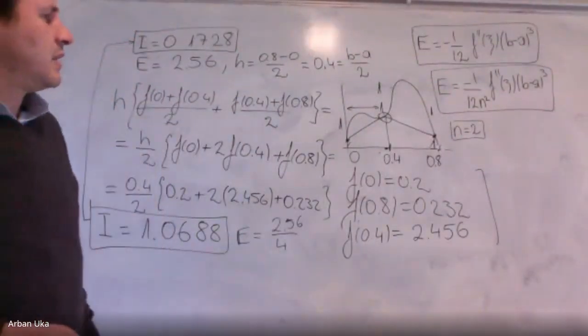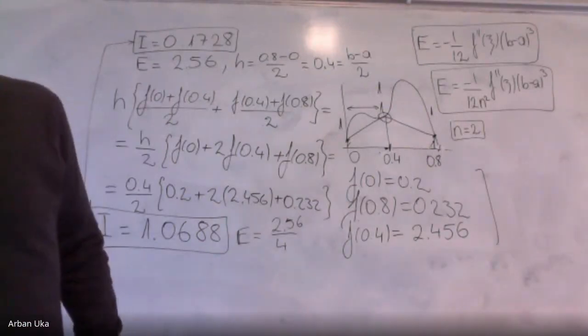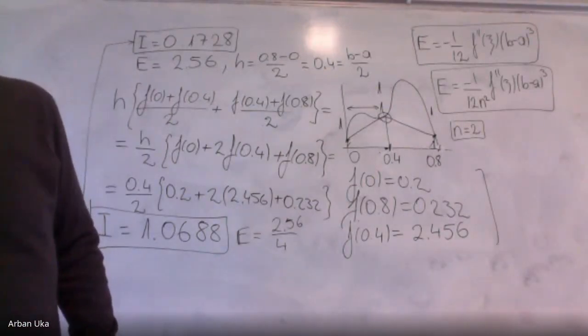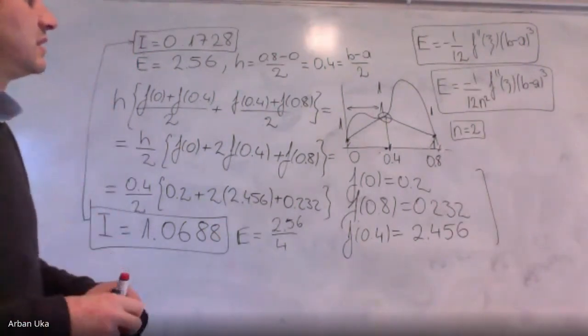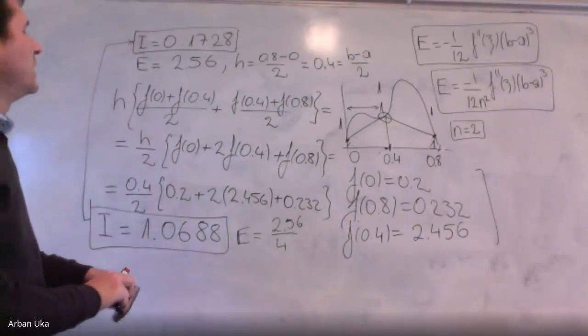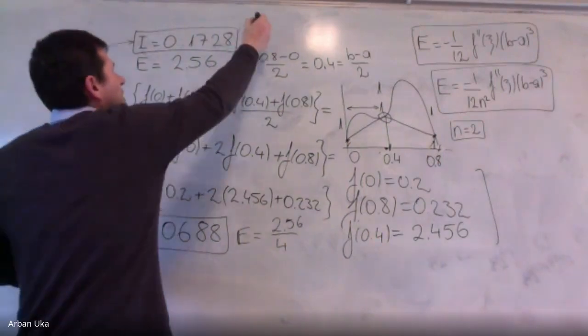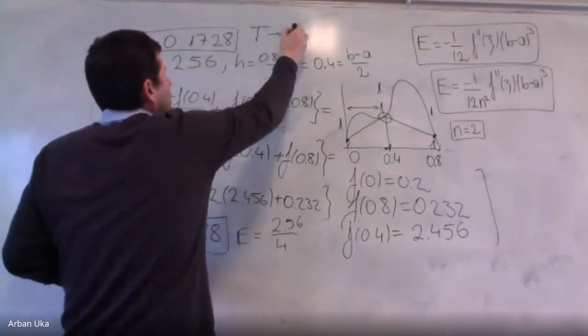And now what do we move to next? We move next to a little more complex numerical integration technique. So we go from the trapezoidal, we go to the Simpson's 1/3 rule.